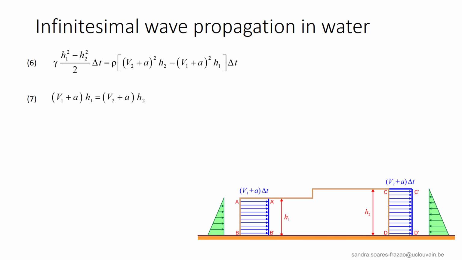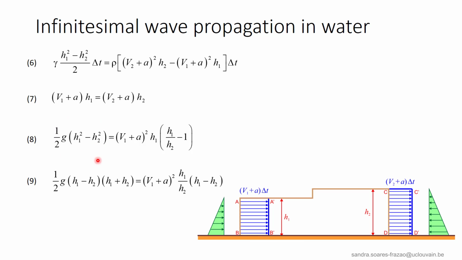Using the continuity equation 7 here, we can replace V2 plus A in equation 6 after simplifying by rho delta T. Then we can develop this term here and simplify H1 minus H2 that appears on both sides of the equation to finally obtain equation 10.